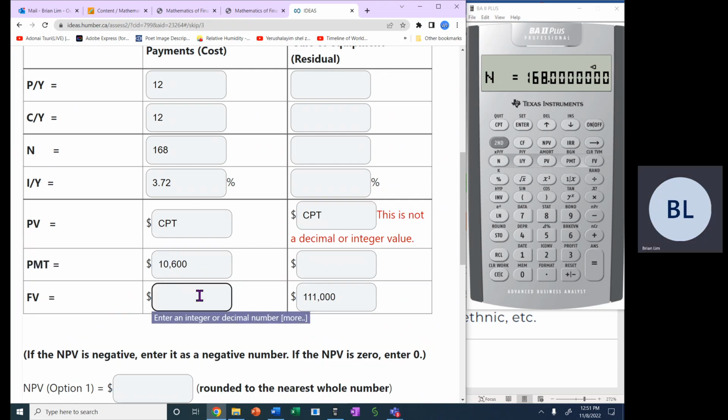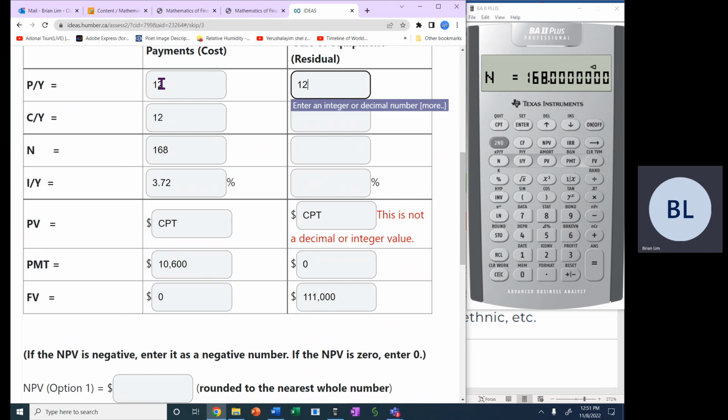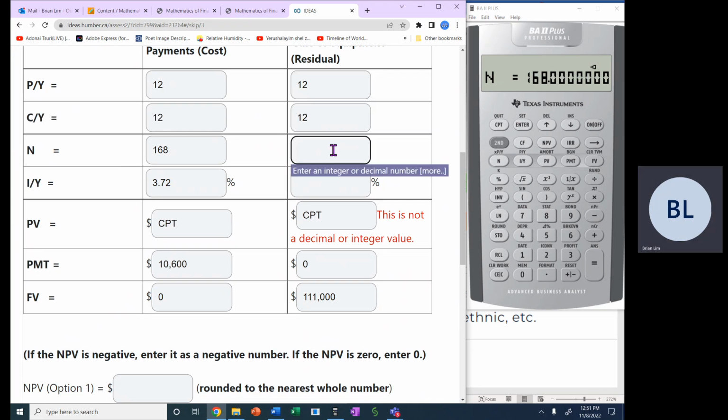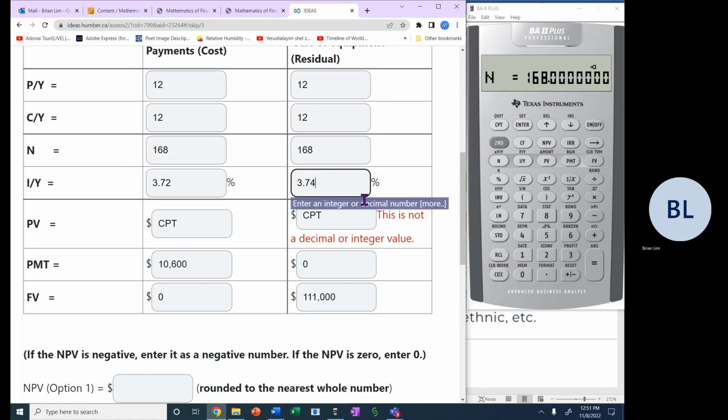So future value here, we will put in a number of 0. All right, so let's do this part here. Over here, there will be no payment. And these numbers over here will just duplicate over here. And we will get 3.72, and we will compute again there.